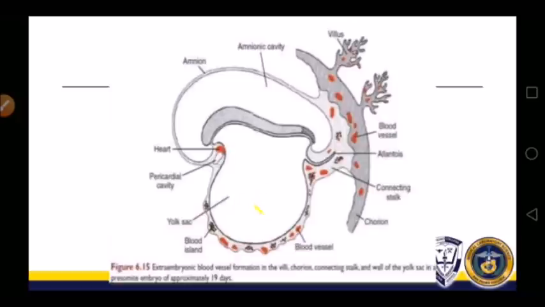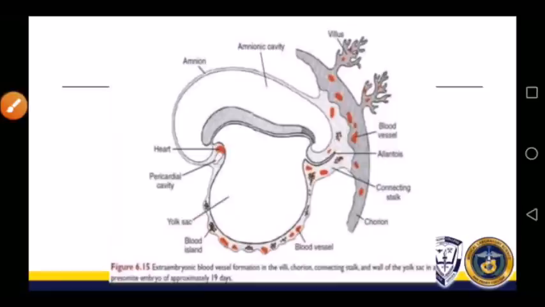Thus, the hematopoiesis is intravascular, because it happens inside the blood vessel. At the same time, it is extra-embryonic because remember, this is the yolk sac and this is the embryo. So, the hematopoiesis happens outside the embryo, therefore, extra-embryonic.